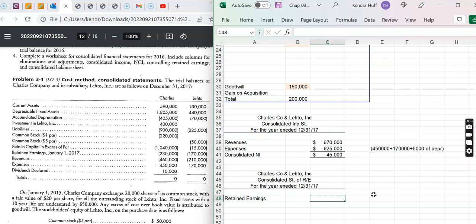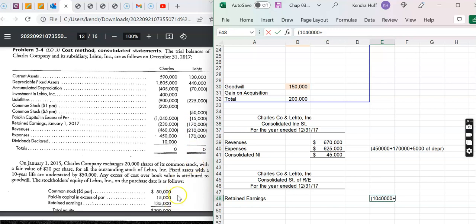All right, so our retained earnings are just going to be the retained earnings of Charles. But also you pick up the change in retained earnings from the beginning of the investment until the end of this year. So at the beginning of the investment, they had 135,000. Now it's 170. So I need to pick up that extra 35.